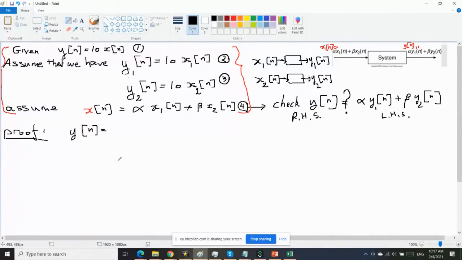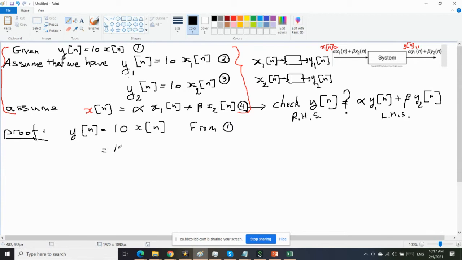According to equation 1, we can write that it is equal to 10 x[n]. We want to reach this, and we have equation 4, which lets us expand x[n]. So we can use equation 4.